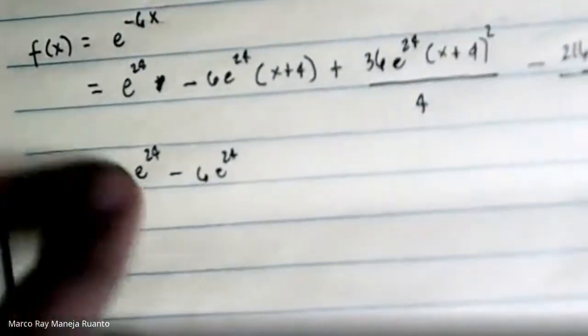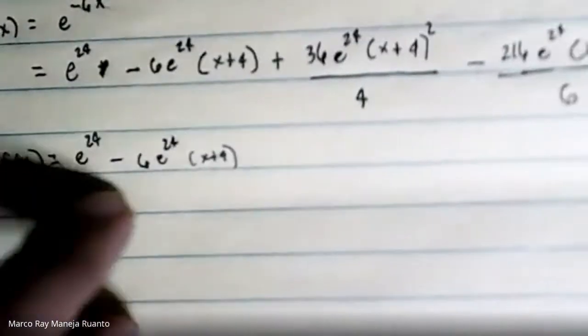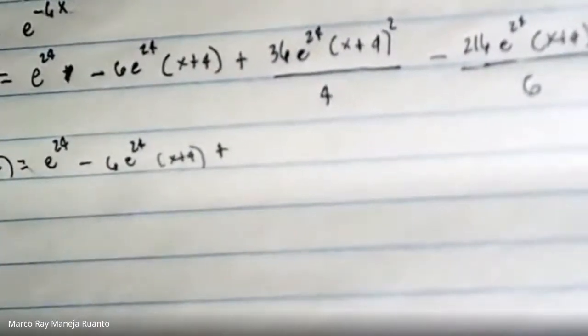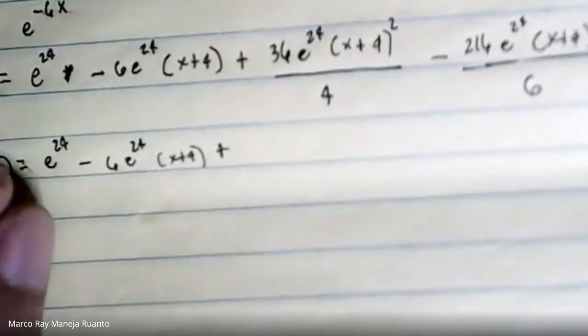So we could say f of x is equal to e to the 24 minus 6e to the 24 times x plus 4, plus, okay, 36 over 6, that is 9, di ba? 36 divided by 6, that is 9.